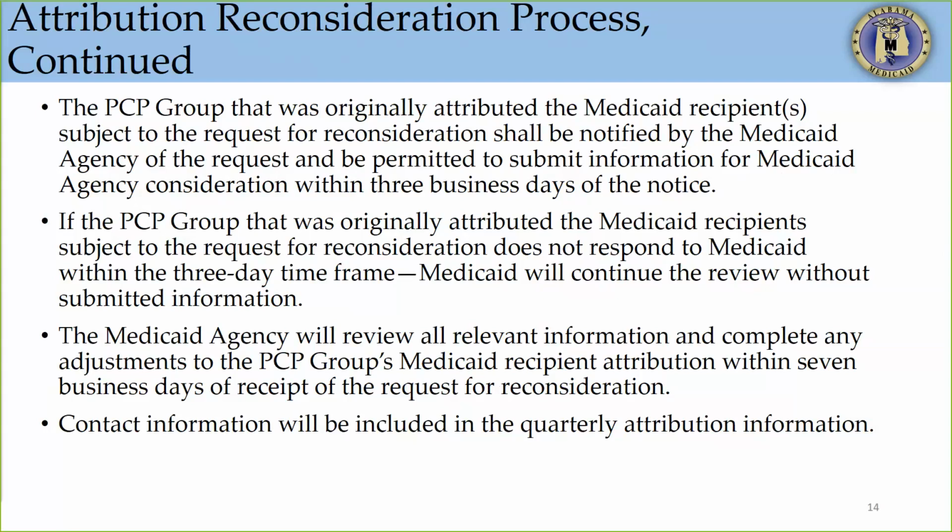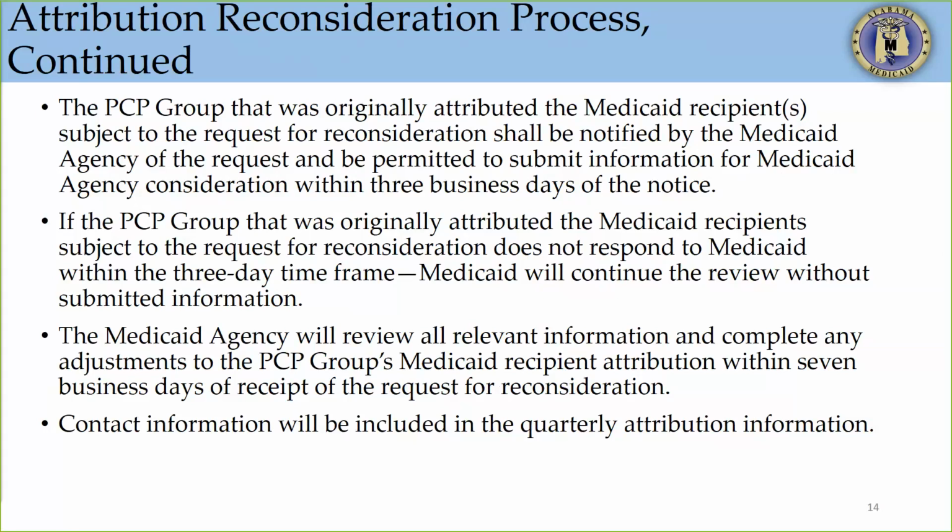In the meantime, once we receive that notification, the agency will reach out to Dr. Smith, who Jane has now been attributed to, and say there has been a consideration for redetermination submitted for Jane. Please submit any additional documentation that you might have to prove that Jane should actually be attributed to you.